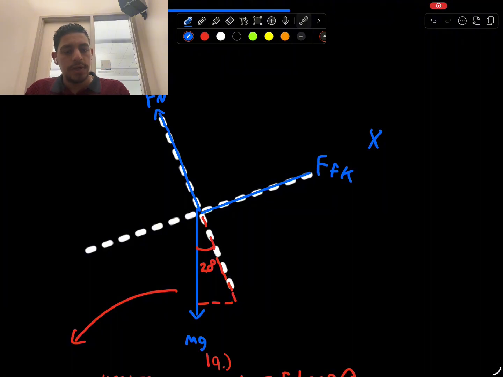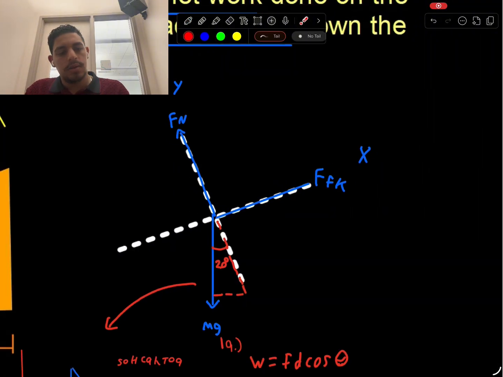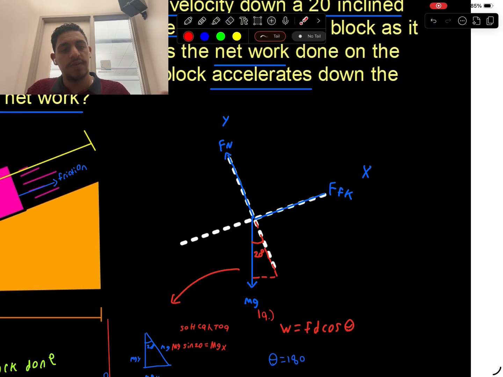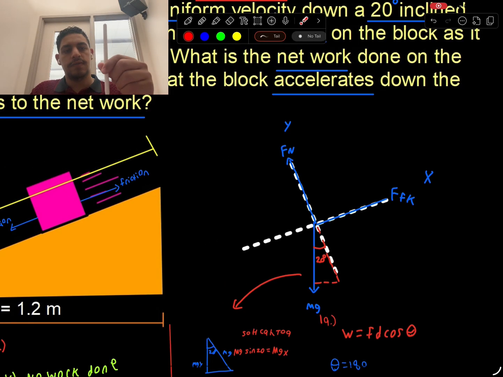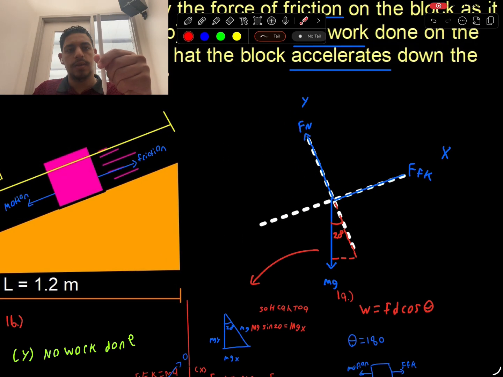So in case you're unfamiliar with a free body diagram that's rotated, what you have is a block, right? And just pretend that the block is right here and mg is just going straight down, right? So what's happening is, to make your life easier, you just want to rotate it, so that it fits with the block.